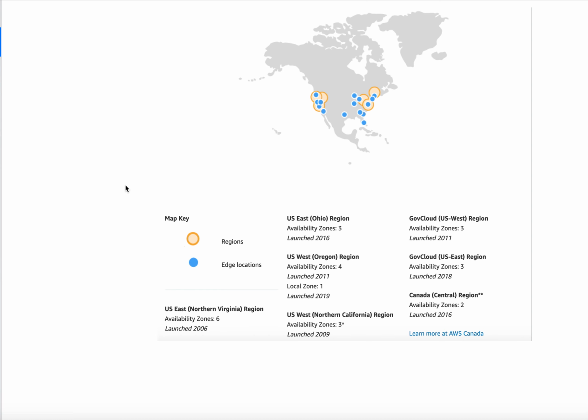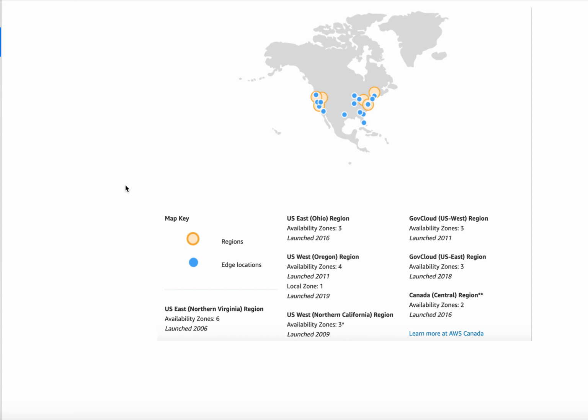That's what it is. And within that geographical grouping, one or more data centers can make up what is called an availability zone, and all your compute resources when you create are going to be within these availability zones.